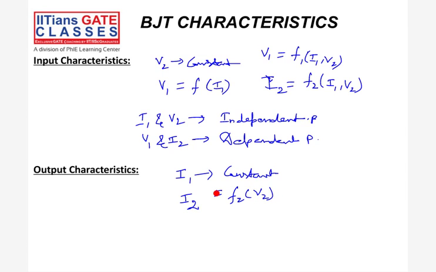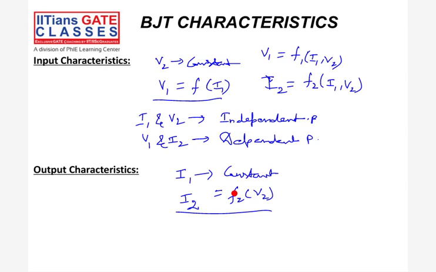Here in the first, V2 was constant and V1 was a function of I1. So this was input characteristic and this was output characteristic.